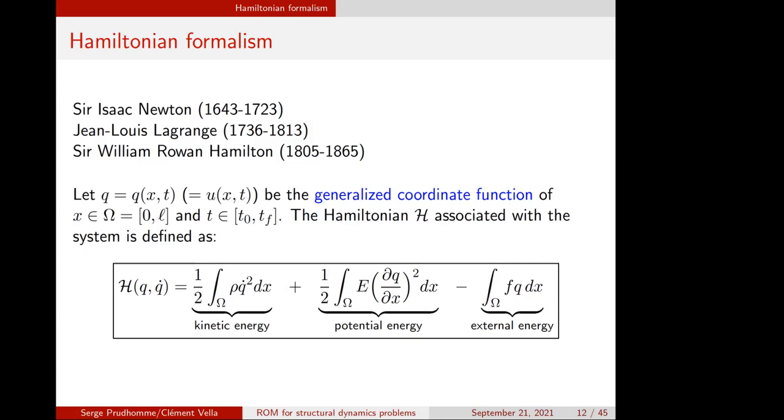Actually, Clément would be the one to talk with if you are interested in all those details, because he really looked into the details of those formulations. But the idea is the following, and I'm going to start with the Hamiltonian formalism. We are going to consider Q, the generalized coordinate function.